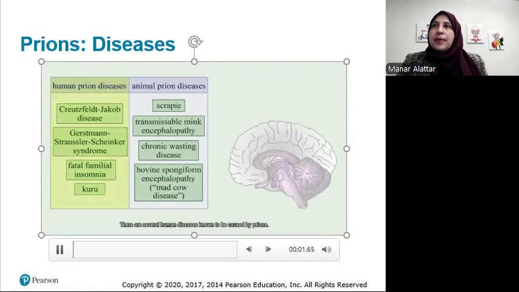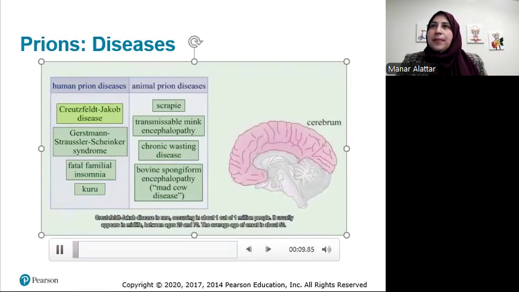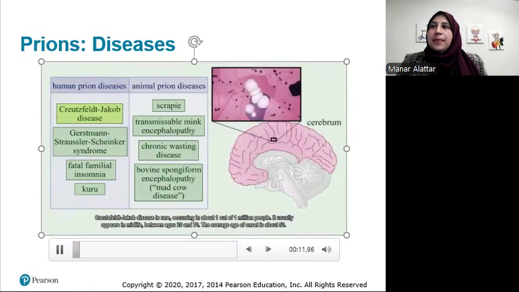There are several human diseases known to be caused by prions. Creutzfeldt-Jakob disease is rare, occurring in about 1 out of 1 million people. It usually appears in midlife between ages 20 and 70. The average age of onset is about 50. Recently, a form of the disease called variant CJD, vCJD, has emerged.